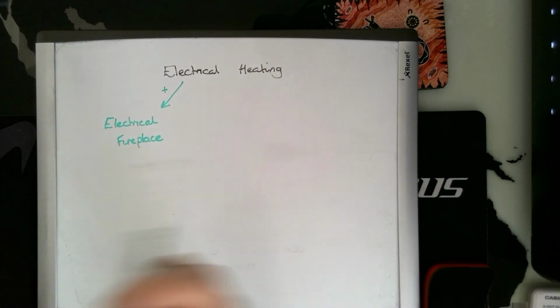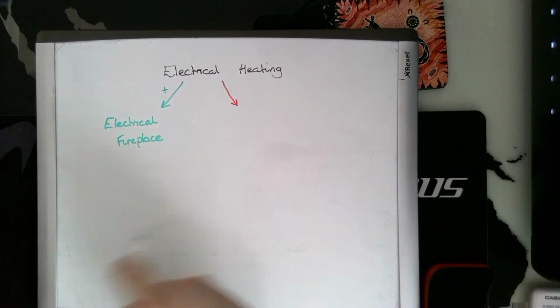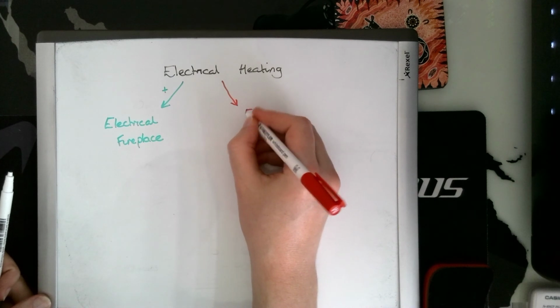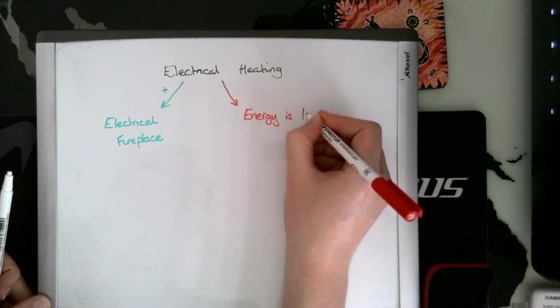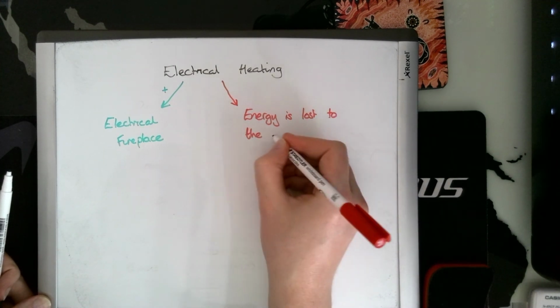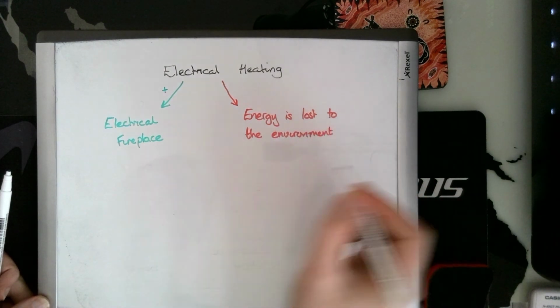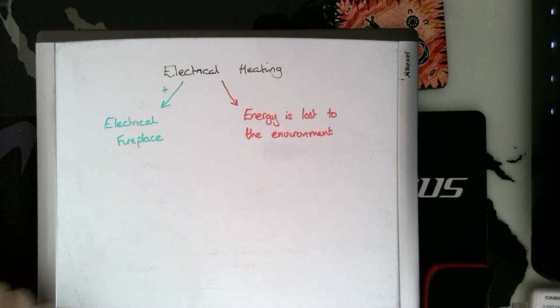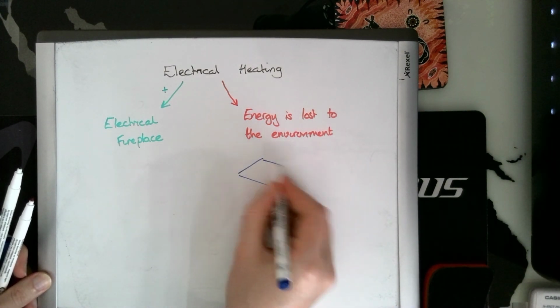But one of the disadvantages of electrical heating is that we have to dissipate it. So the energy is lost to the environment from our electrical component. For example, you may know about computer processors.